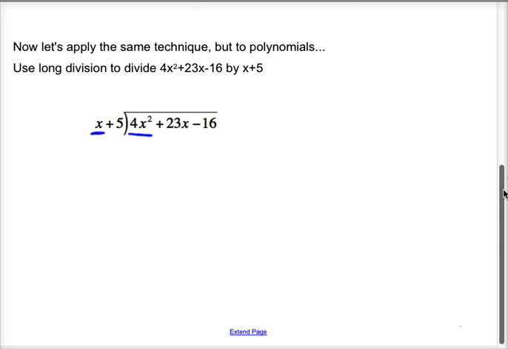Well, hopefully you can see that multiplying by 4x will do the trick, because x times 4x will cancel that 4x squared. Well, once I find that 4x, I need to multiply the whole x plus 5 by it. Okay? And when I do, that is what I write right here.